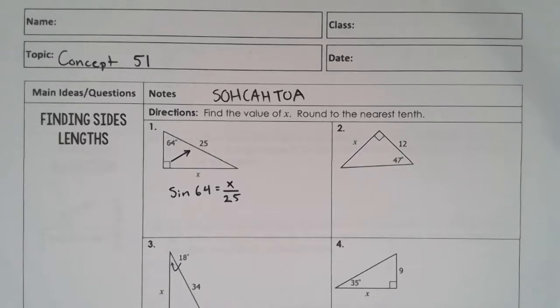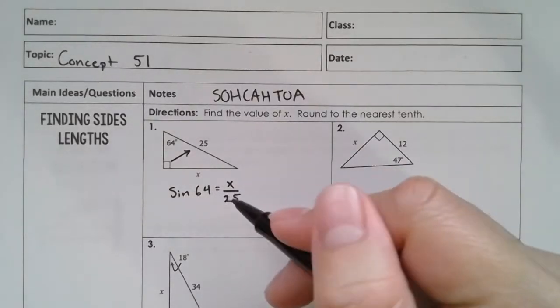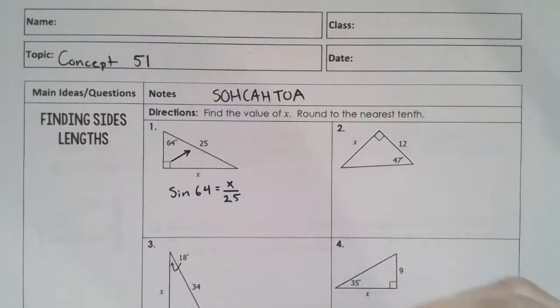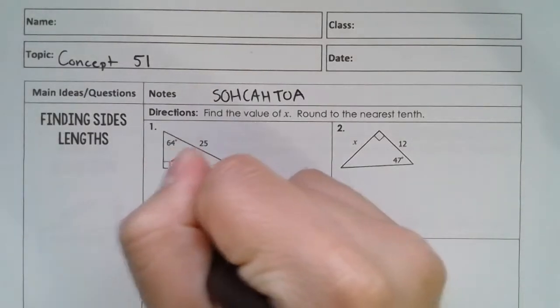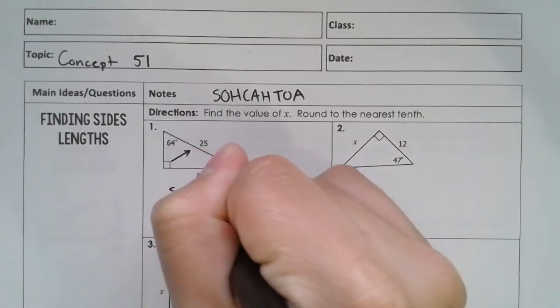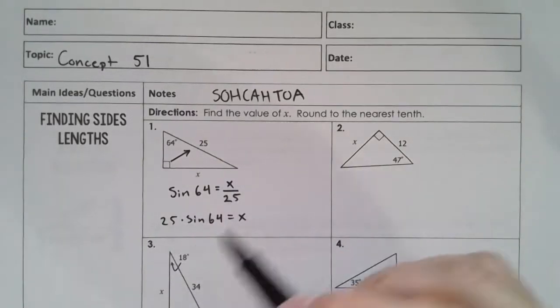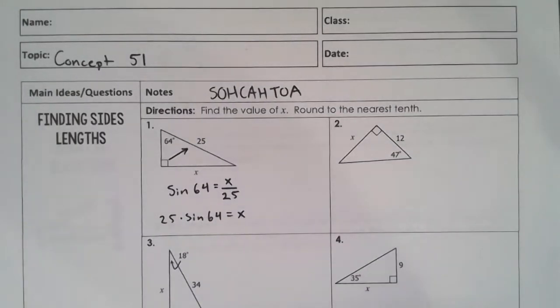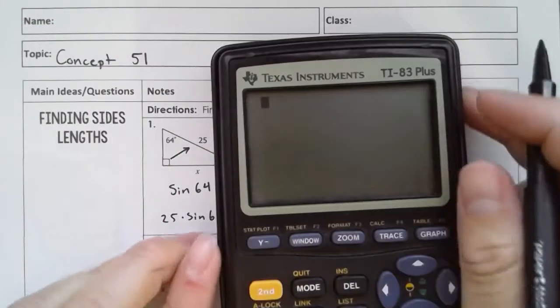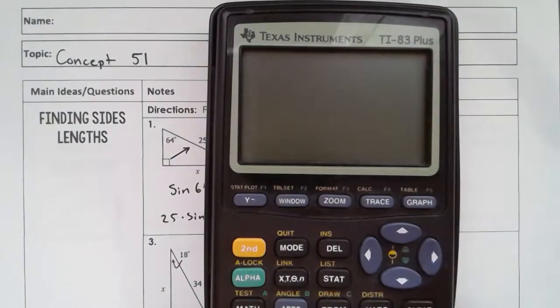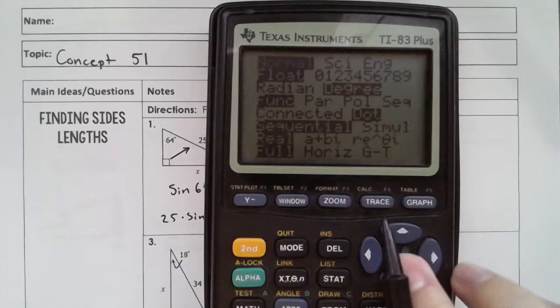So then I can multiply, like an equation. You multiply both sides by 25, so I get 25 times sine of 64 degrees is equal to x. And then you just put this in your calculator, and that gives you the answer. Now, one thing you have to do in your calculator is hit mode and switch it.